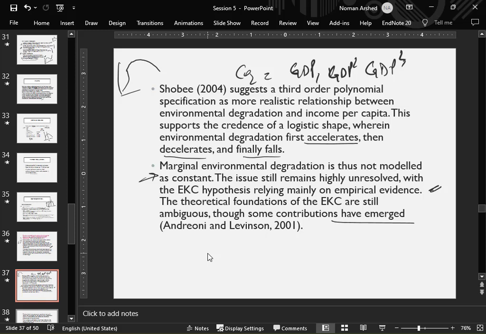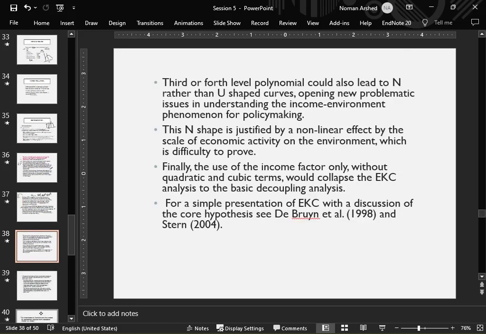So he's saying that there's a debate on how to check if there is delinking or not. Third and fourth order polynomials could also lead to an N shape, then U shape curves. So it will create an N, opening new problematic issues in understanding the income environment phenomena.